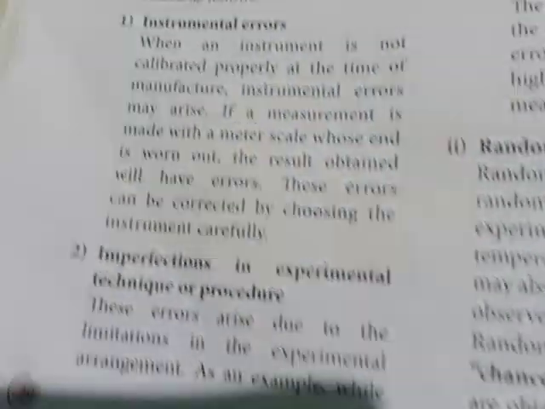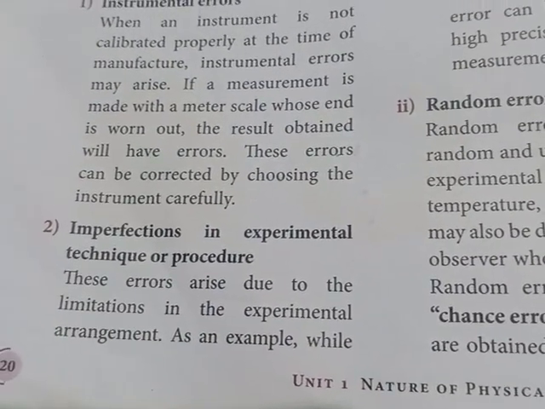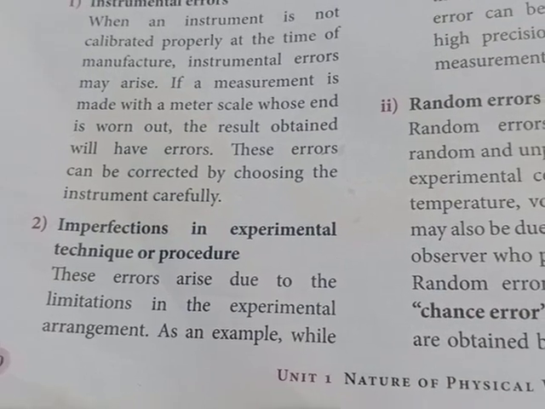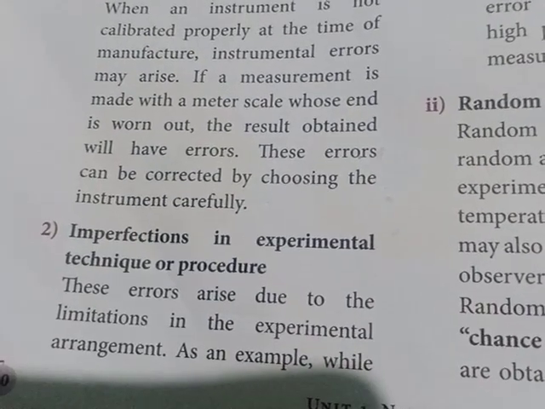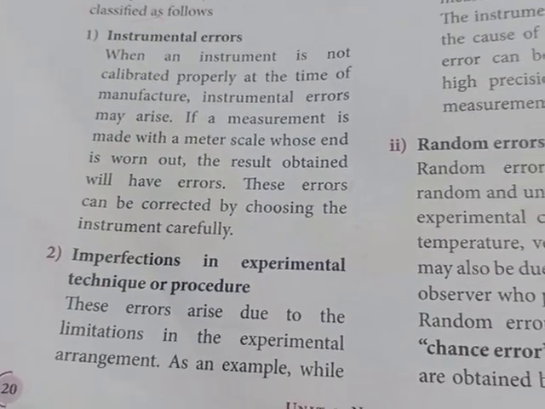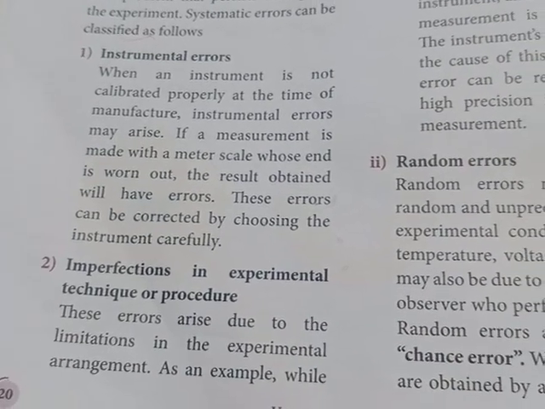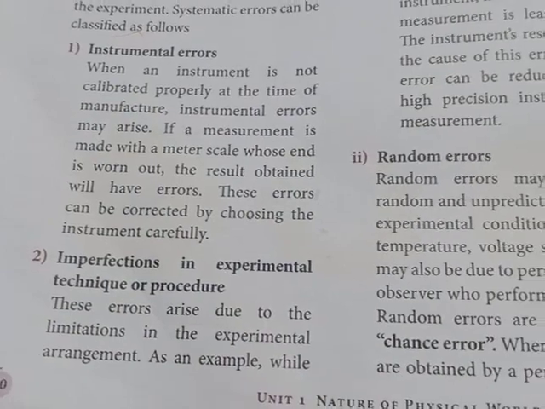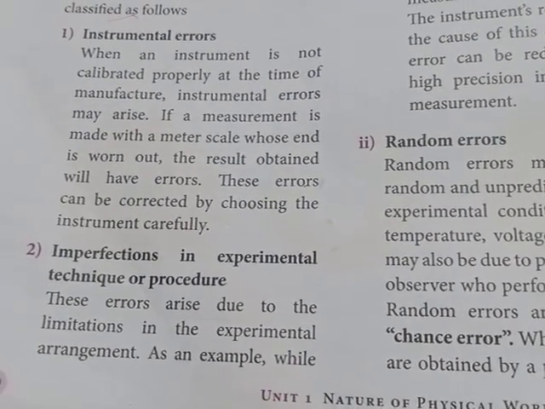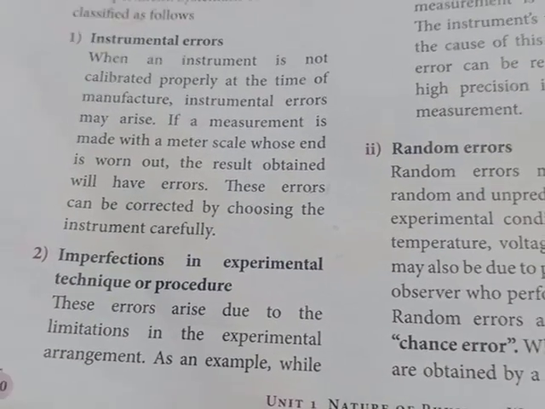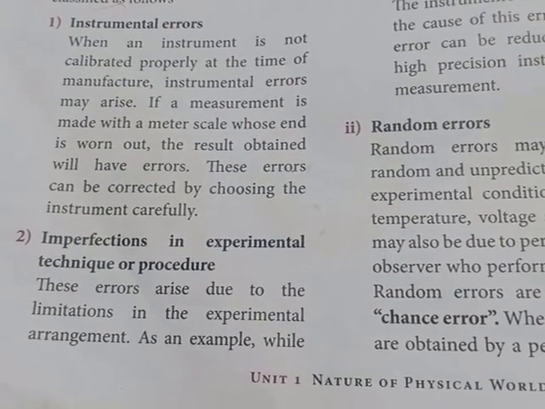Then the second one is imperfection in experimental technique or procedure. These arise due to limitations in the experimental arrangement. When you are doing an experiment with heat, for example in a calorimeter, we put hot water in the calorimeter and then take the temperature using a thermometer.